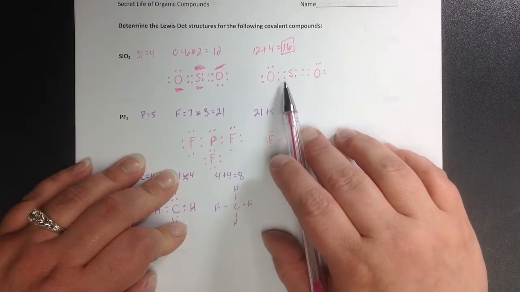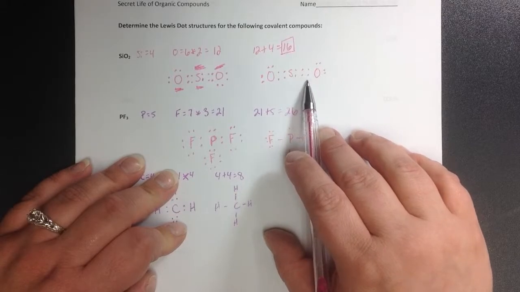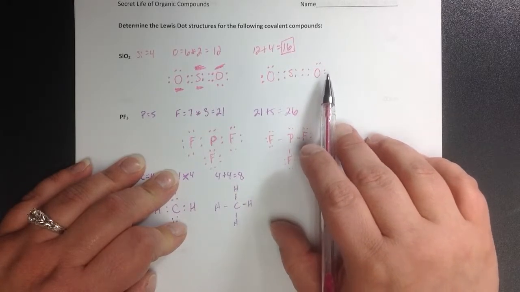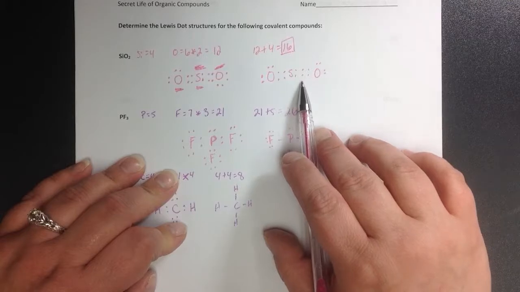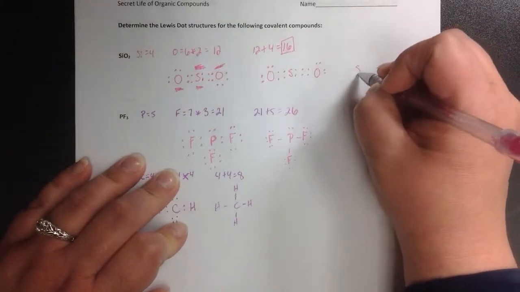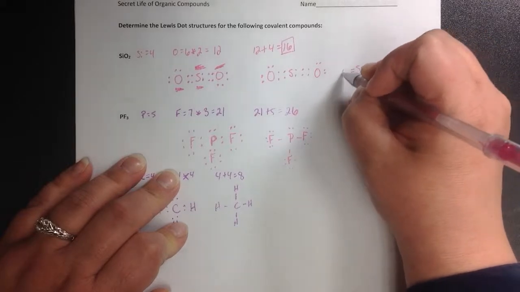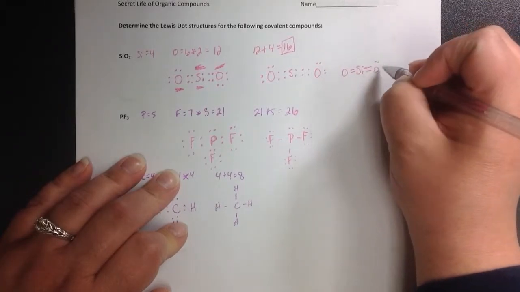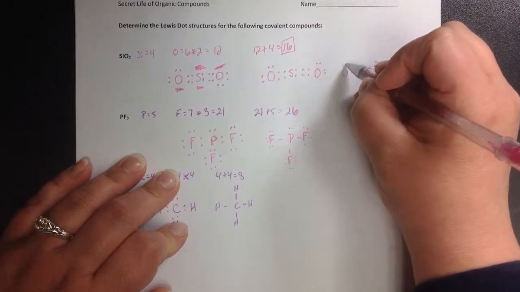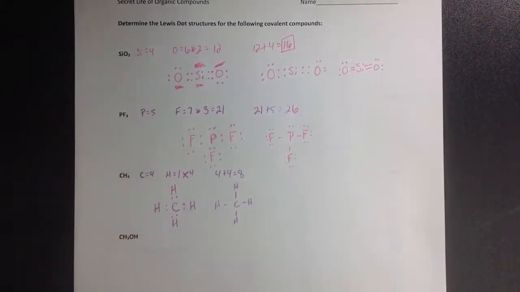Silicon has 2, 4, 6, 8. And this oxygen has 2, 4, 6, 8. So silicon would look like this. In another form.